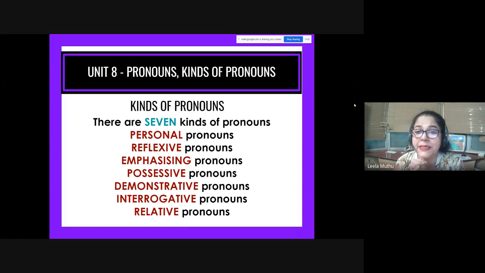Okay, personal pronouns. Then you have reflexive pronouns, you have emphasizing pronouns, you have possessive pronouns, you have demonstrative pronouns, you have interrogative pronouns, and lastly, you have relative pronouns. Okay, so let's learn about each of them in a little more detail.